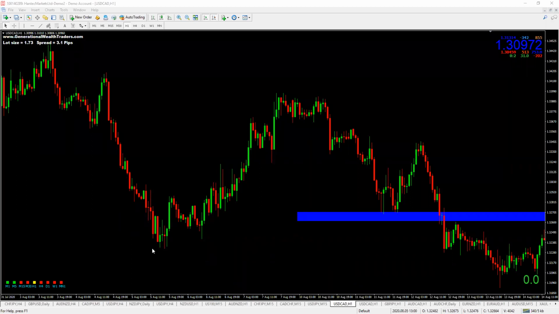Here, for instance, we have a swing low, or if you like, structure low. Structure high, structure low, structure high, structure low, and so forth.